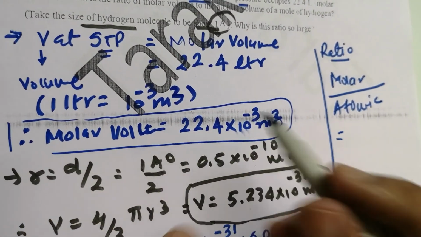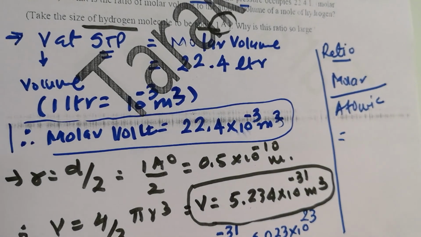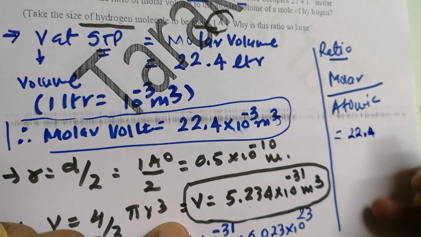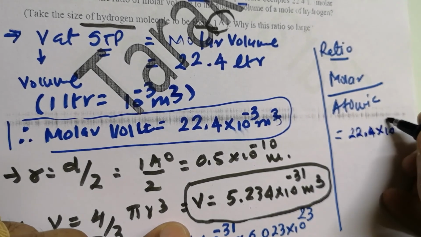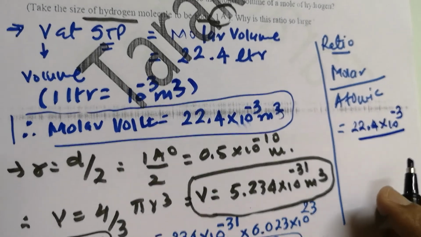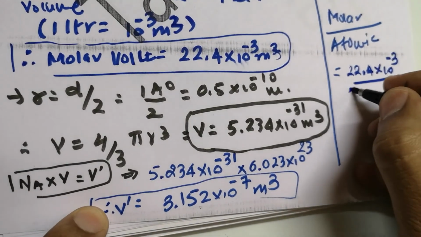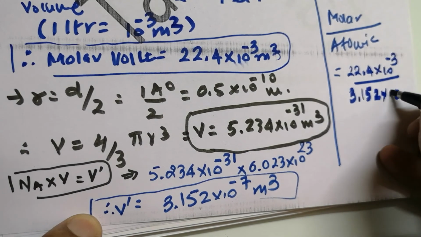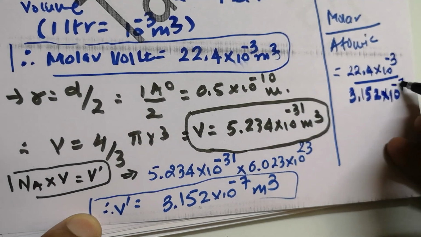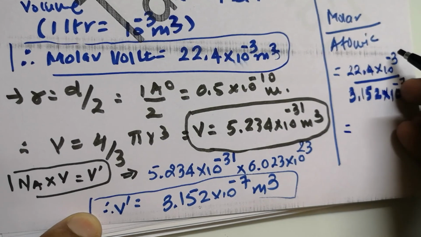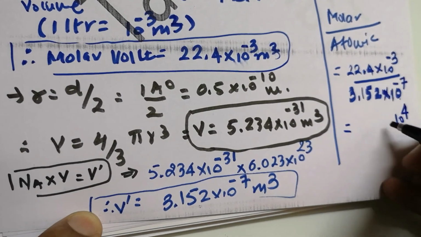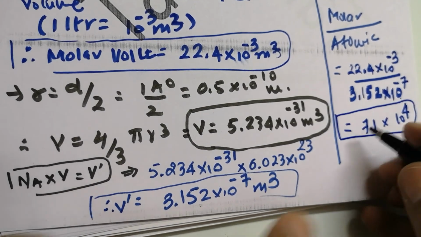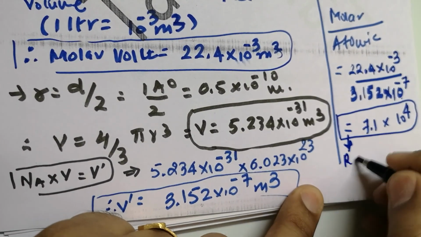My molar is available right beside it, 22.4 cross 10 to the power minus 3, divided by my atomic, 3.152 cross 10 to the power minus 7. Minus 7 goes into the numerator, that would be 10 to the power 4, and the ratio is 7.1. So this is the ratio of molar and atomic.